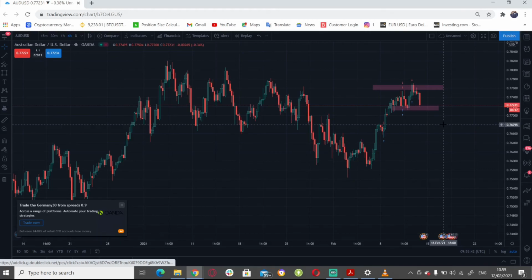The only other level that you'll need after that will be your target level of where you think price is going to go. And most times price will not hit your target level, so I'd suggest you secure your pips. As soon as you get 10-15 pips, start securing your positions and then let your runners run.